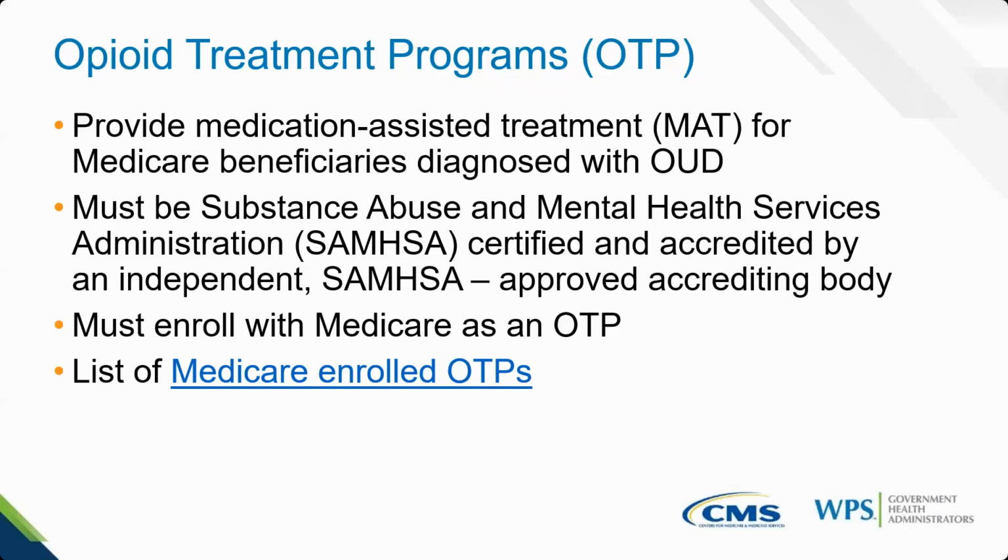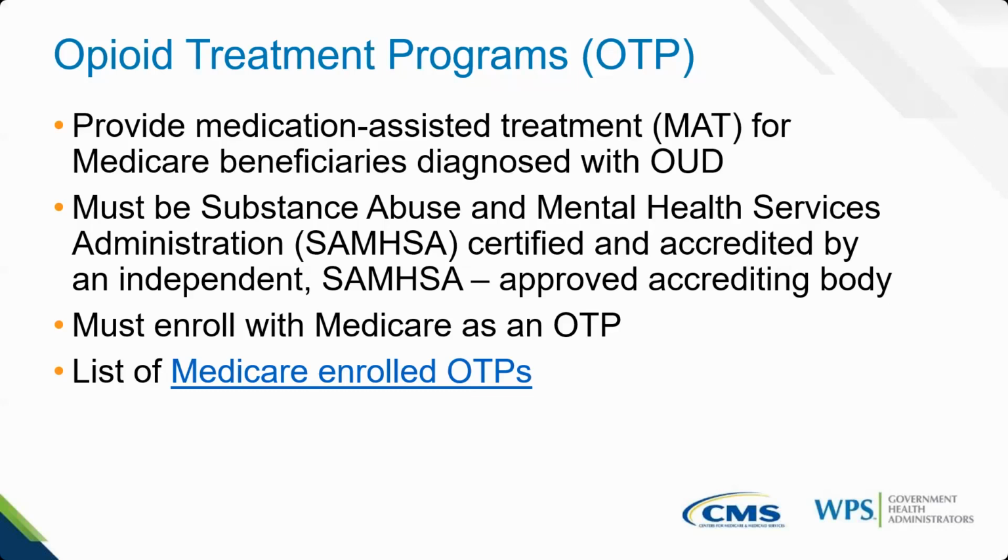So as I said, these OTPs provide medications for opioid use disorder, for example methadone, buprenorphine, and naltrexone, and they must be certified by the Substance Abuse and Mental Health Services Administration.